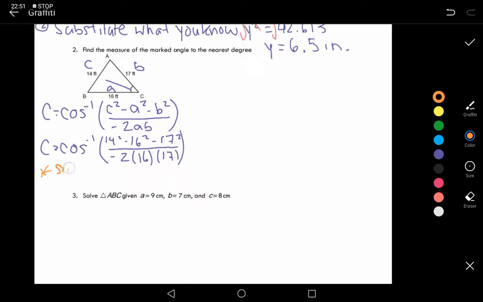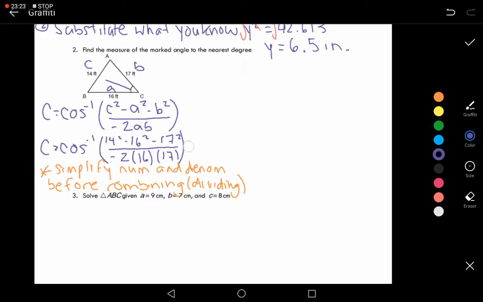Simplify numerator and denominator before combining, or really before dividing. So we want to simplify the top and simplify the bottom before we actually try to do any division there.